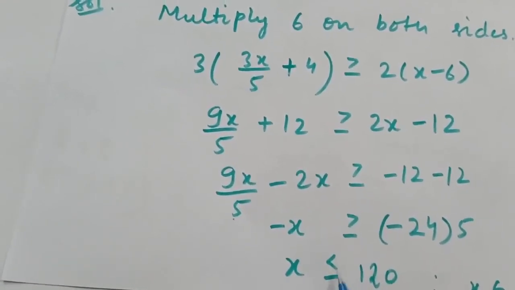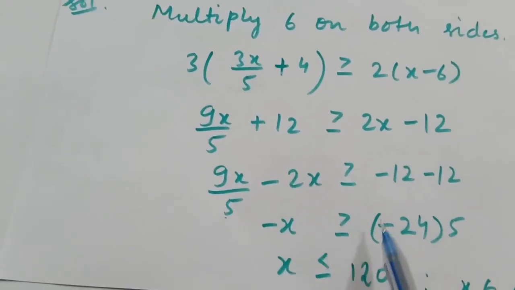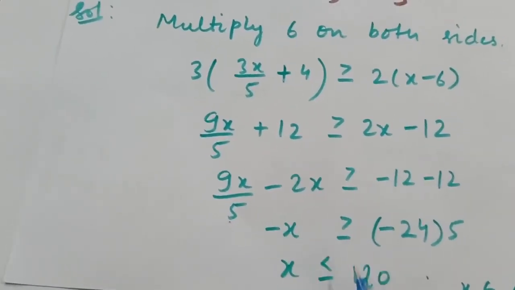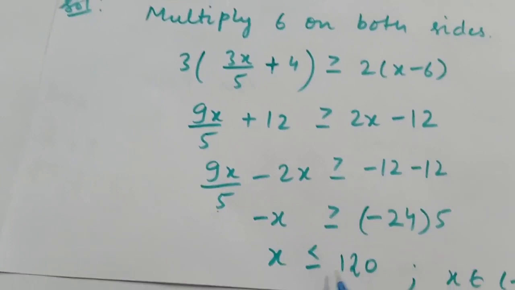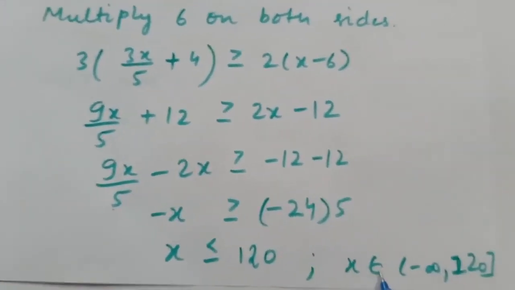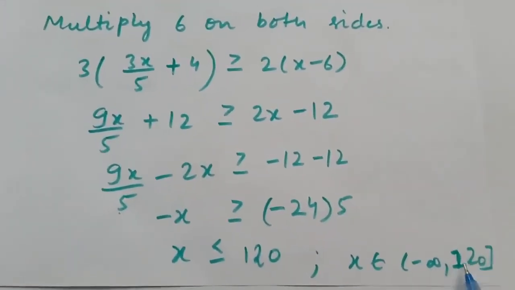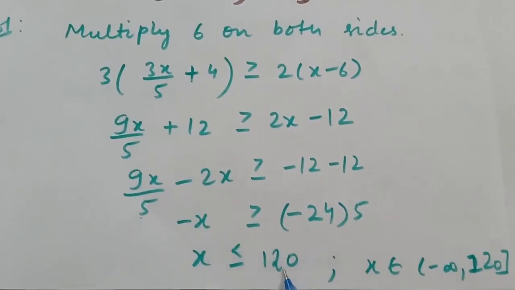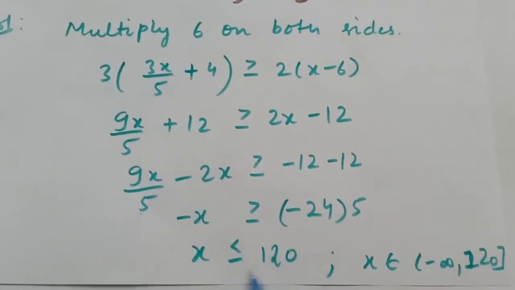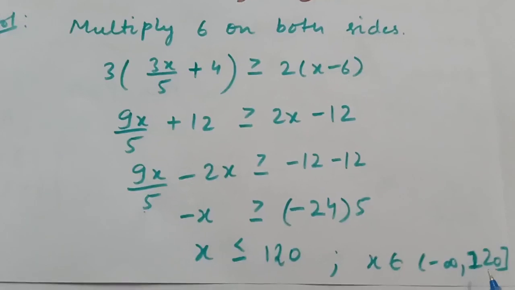Now x ≤ 120. Cancelling this minus, therefore the sign of the inequality will change. Therefore we will say x belongs to (-∞, 120], right? Because it is equal to 120 or less. As equality is there, the closed bracket will come.